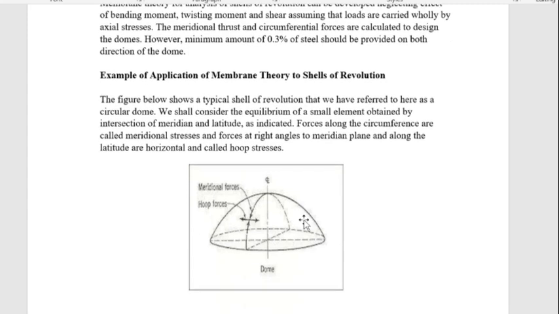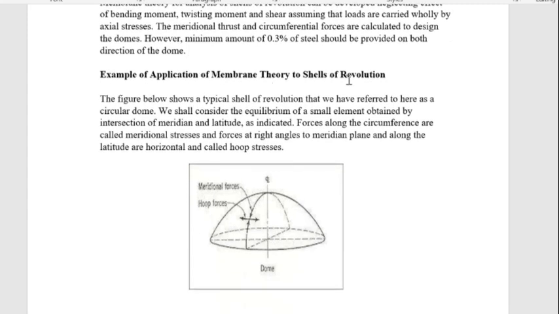This is a simple example of an application of the membrane theory to shells of revolution. The figure shows a typical shell of revolution, referred to here as a circular dome. You normally consider equilibrium of a small element. You cut a small element and consider its equilibrium under the applied forces.